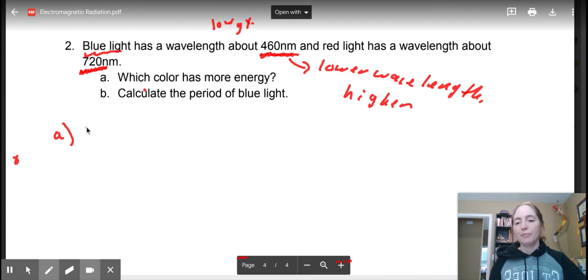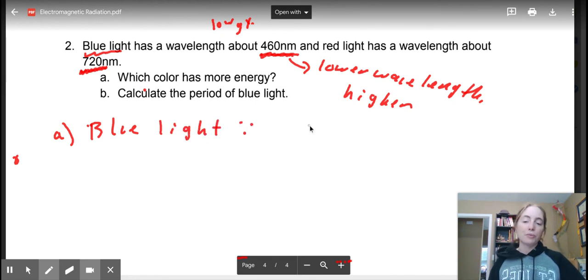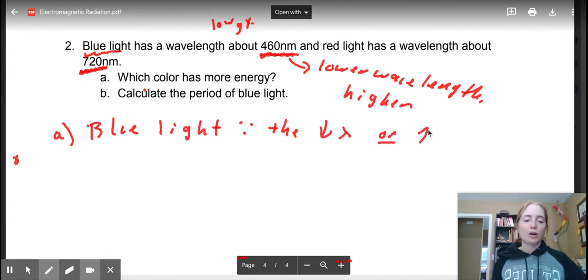Okay, so your answer is blue light, because remember, 3 dots in an inverted triangle means because, of the lower wavelength or because of the higher frequency. Okay, so whichever one you want to go with.